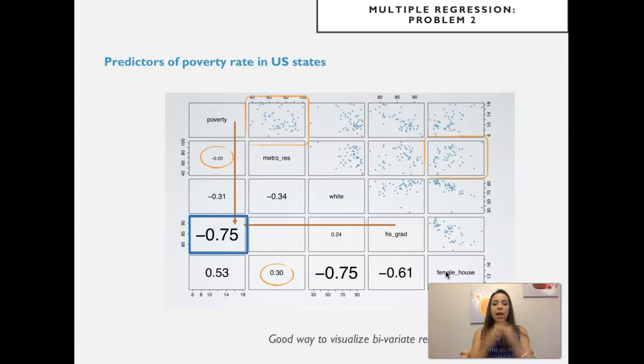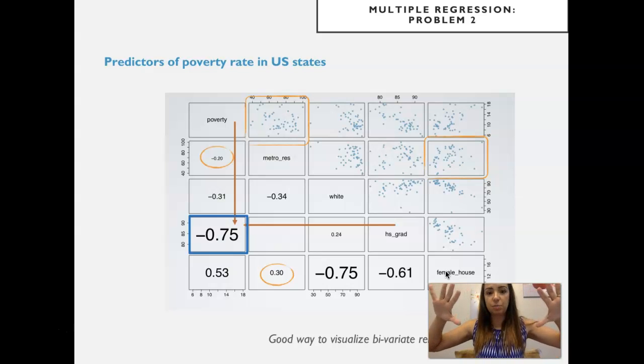You can have an overview of the bivariate relationships by looking at a plot like this, and it helps to exclude variables that are showing very weak relationships with your variable of interest.